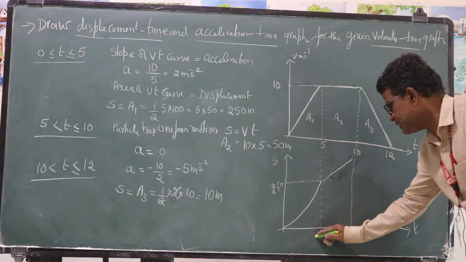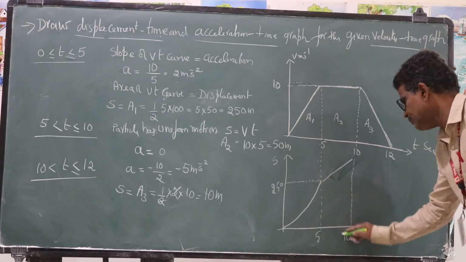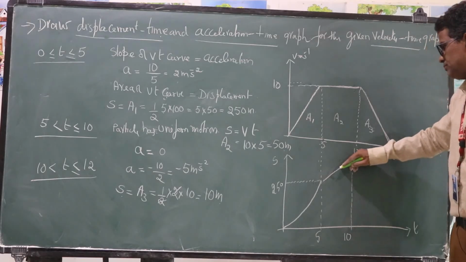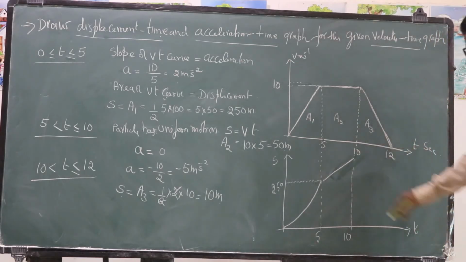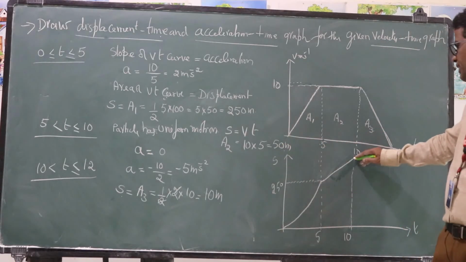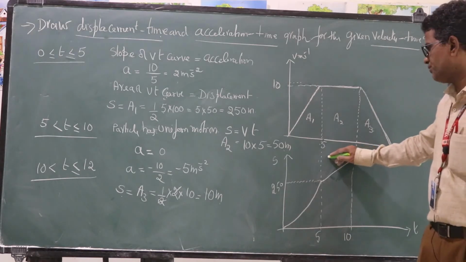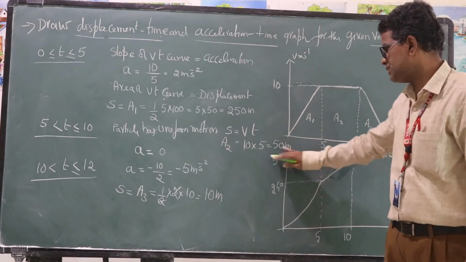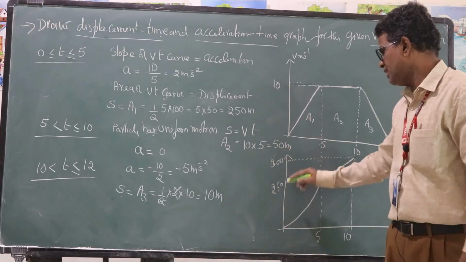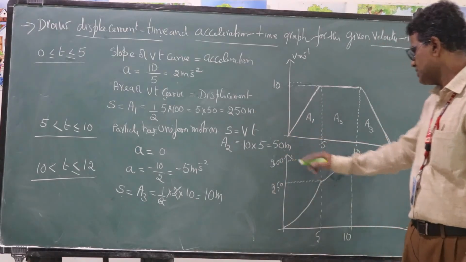So this is 5, this is 10 seconds. So the graph is a straight line like this. Then up to how much distance does it travel? 50. So the displacement is 50. So 250 plus 50, here is 300 meters. So that is the s-t graph.